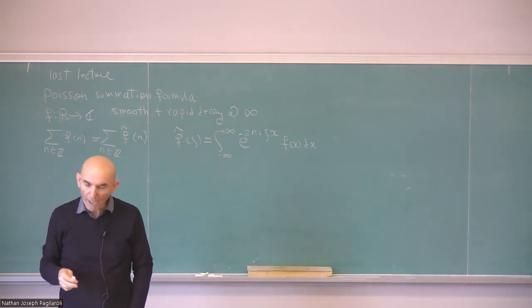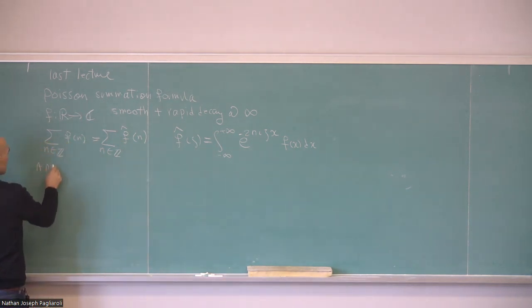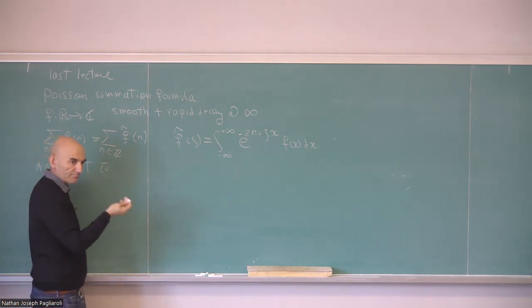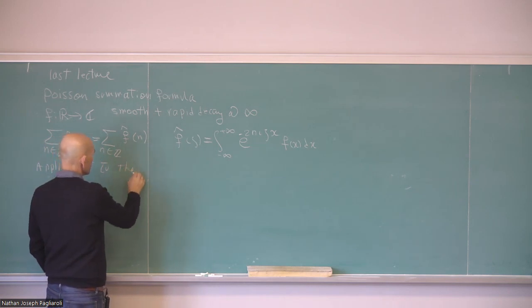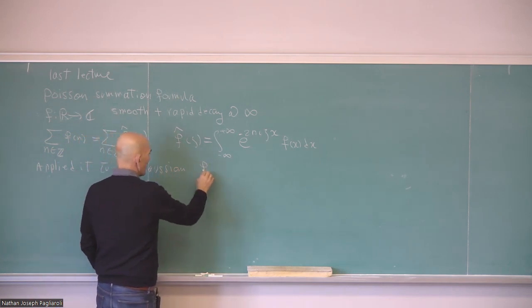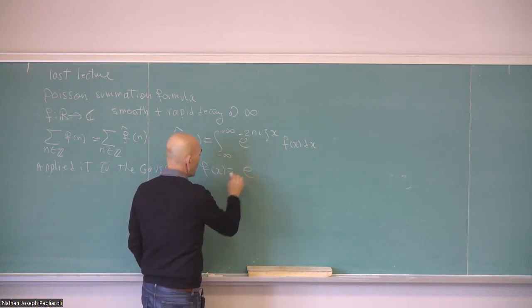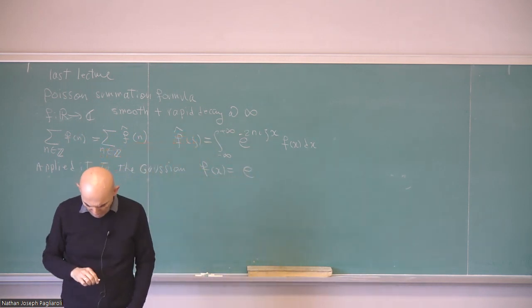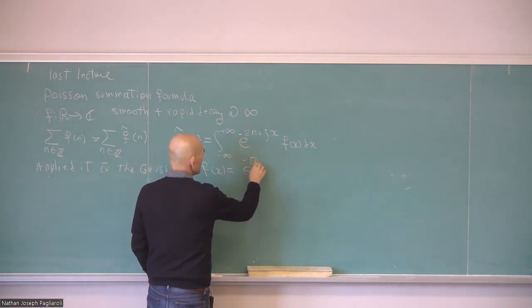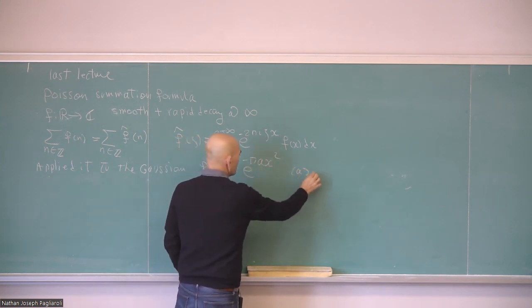Then we applied this to the Gaussian. So for that, I took f of x equal to e to the power minus pi a x squared, for a positive.